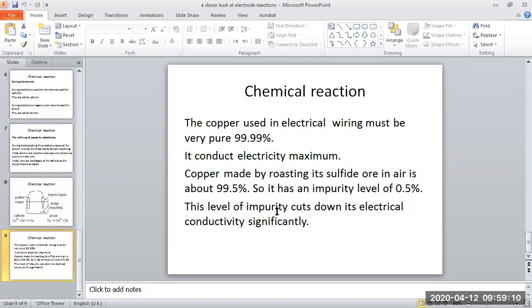This level of impurity cuts down its electrical conductivity significantly. If the copper we use to make wire is pure, then it conducts electricity at maximum. Okay, boys, this is our topic, and you revise this.